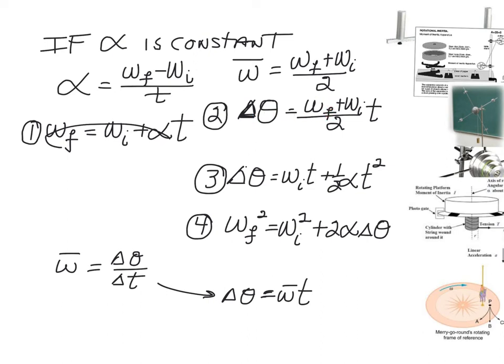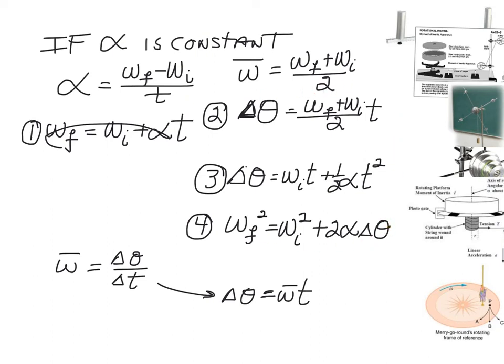So these are our quote-unquote group 2. Later on I'll talk about group 1, group 2, and group 3. Group 1 being the definitions, group 2 being this working set of kinematics equations that we solve problems with.